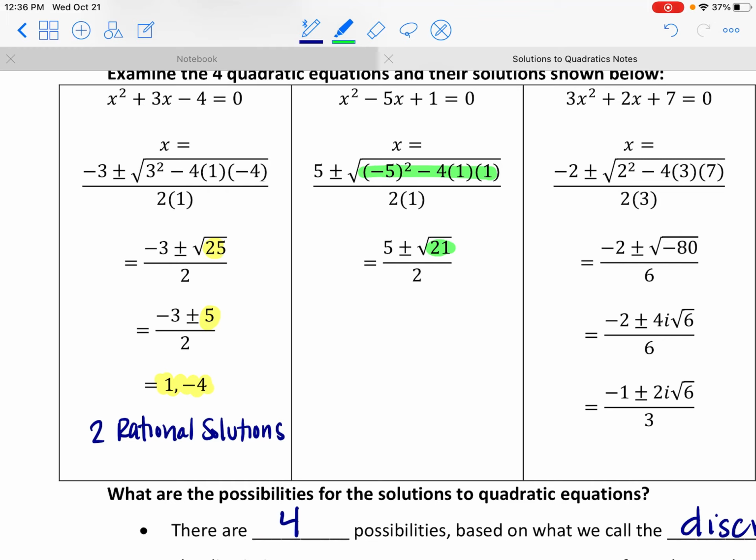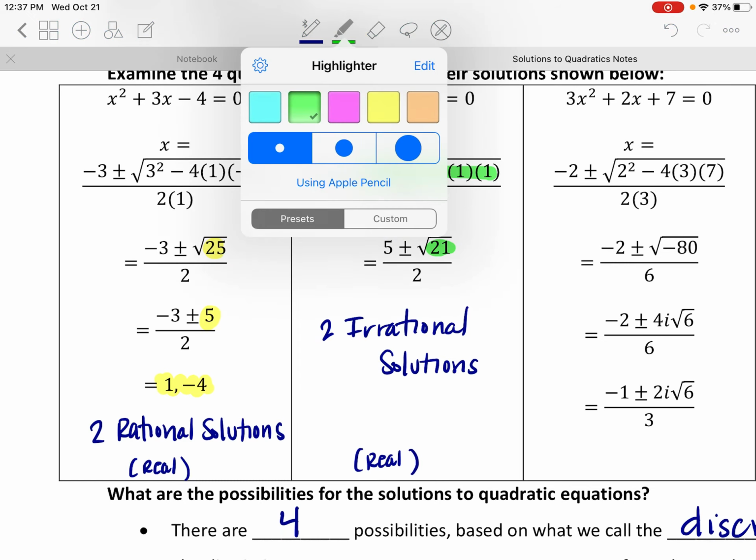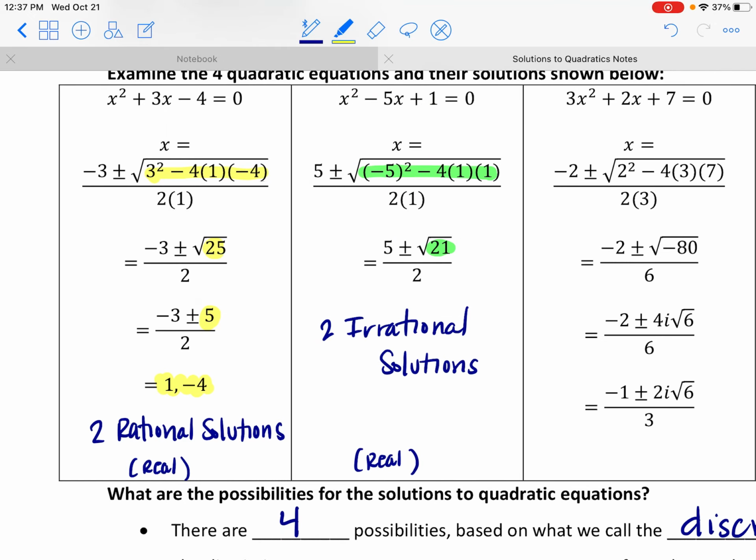So because it was still positive, we're still getting real solutions, but because we can't square root the 21 exactly, we end up with 2 solutions that are real, but they are irrational. So we have 2 irrational solutions. Again, both of these are real. The others are just rational, and these are just irrational. So again, this is determined by this part underneath the radical here.